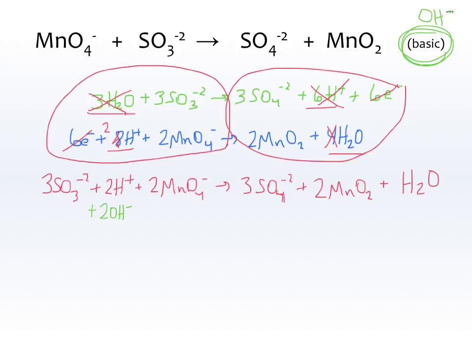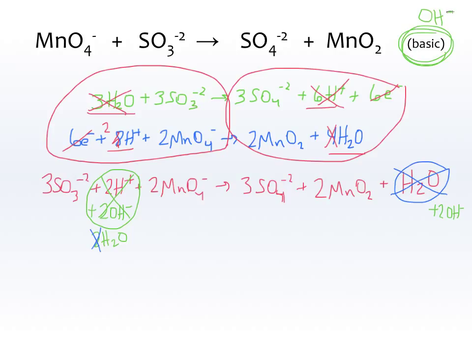But whatever you do to the left, you have to do to the right, so plus 2 hydroxides on the right. What that's going to do is cause these 2 hydrogens and 2 hydroxides to really be 2 waters. And on the right-hand side, on the product side, nothing changes. Since you did that, and you had a water over here, now this water is going to cancel, and one of those waters is going to cancel, and we're going to rewrite the whole reaction.